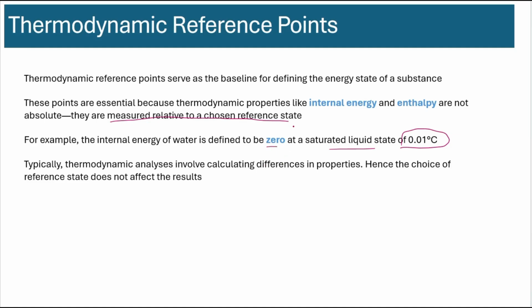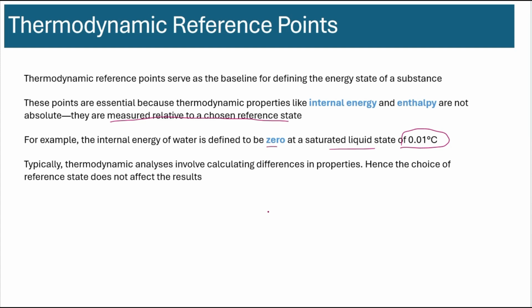So automatically, the internal energy of ice will be negative, right? So there is no energy or negative energy in ice according to this definition, but it's not true, right? Of course, the molecules are moving inside ice too, but it's just a relative standard or relative way of calculating.